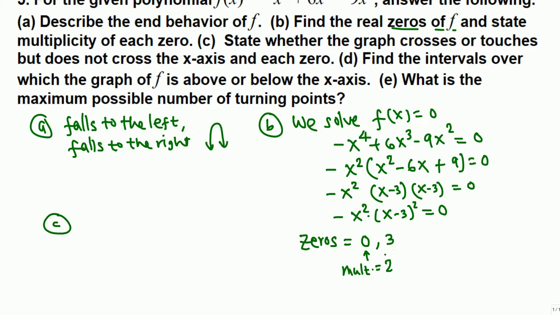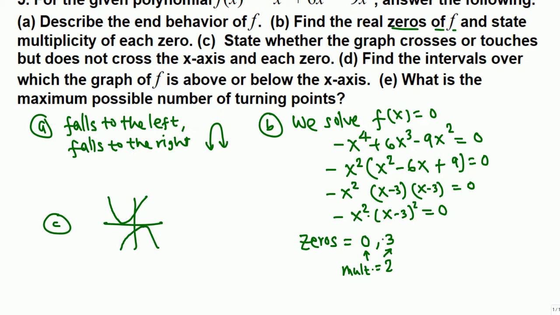Same thing here, multiplicity is 2 because x minus 3 is squared. That means even multiplicity. So when we have even multiplicity, what happens when the graph comes from above? It just touches but does not cross the x-axis. Or if the graph comes from below, it just touches but does not cross.